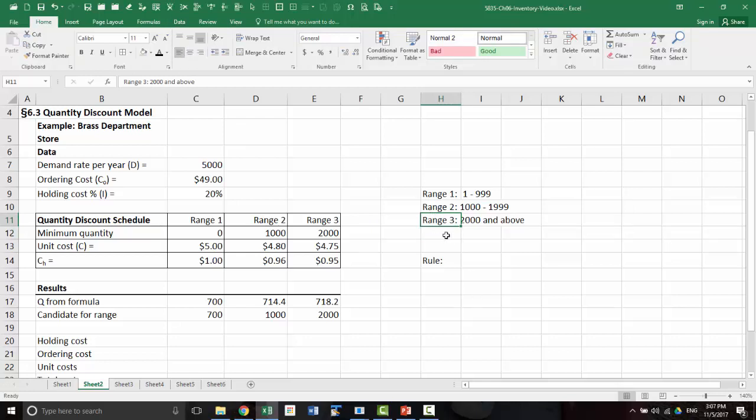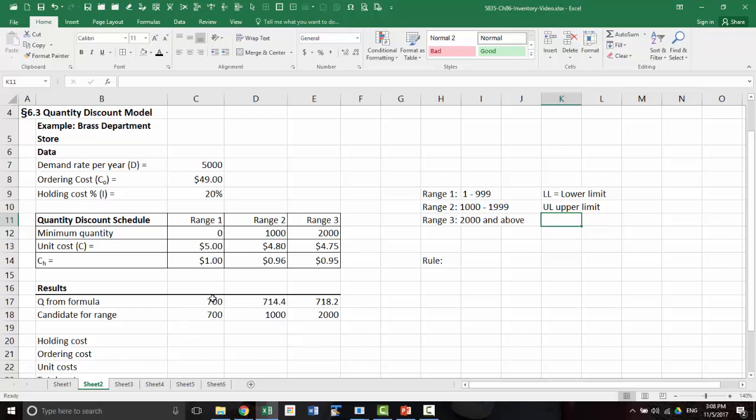So each range has a lower limit and an upper limit. Let's call this LL the lower limit, and UL the upper limit. When you find the Q from the formula, you have to compare that Q with these lower and upper limit numbers.